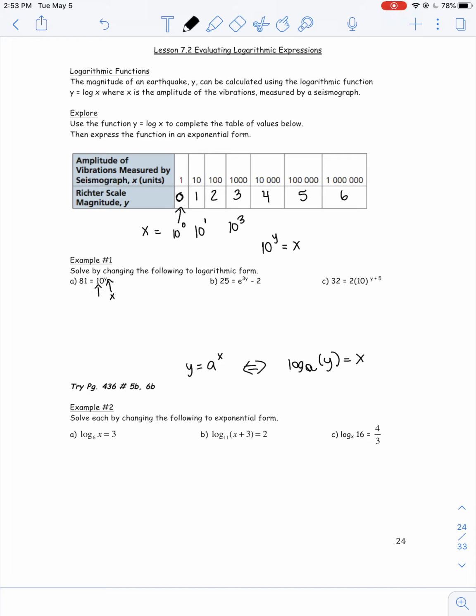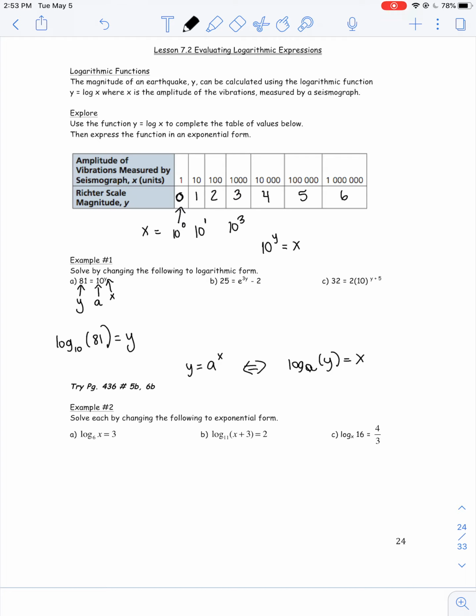So in this first example, the y value is actually our x. This 10 is our a value because that's our base, and the answer is always our y. So when we write it, we write log base a. A is 10, so we write a little 10.